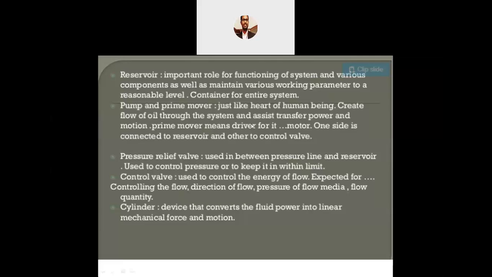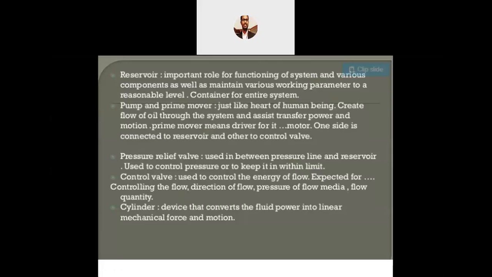The next one is a pressure relief valve, used between the pressure line and the reservoir to keep pressure within limits. Whenever we design any pneumatic or hydraulic system, we design it for maximum working conditions.